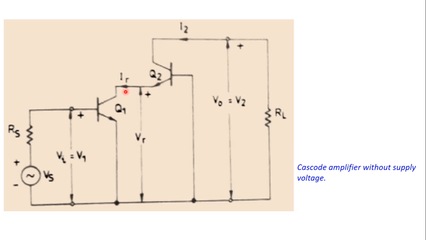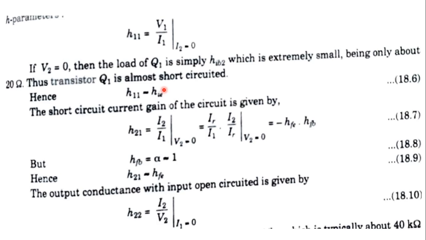When you look from this angle, the load of Q1 becomes equal to the input resistance of Q2, because this is the input terminal for Q2 and also the output terminal for Q1. And the input resistance for Q2 is defined by the parameter HIB2, because this is a common base second stage.